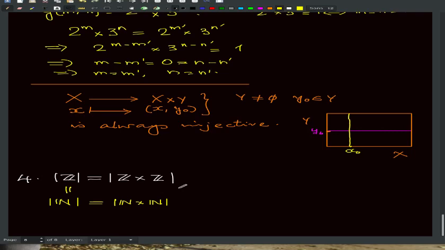Z is equipotent to natural numbers, and Z is equipotent to Z cross Z, and N equipotent to this. So why can't N be equipotent to Z by Z?